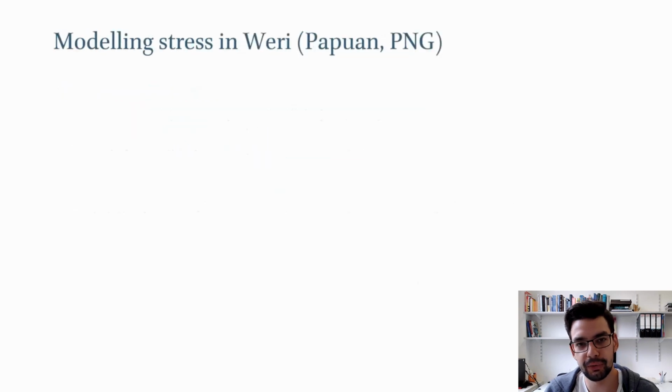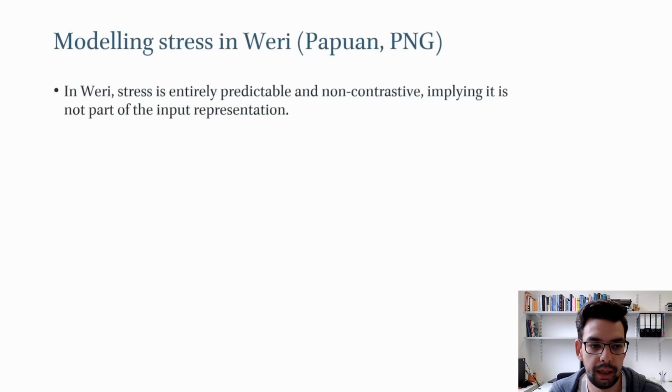Now, let's turn to the world of stress assignment, just to make that a little bit clearer, and we'll look at a language called Weri, which is a Papuan language spoken in Papua New Guinea. And unlike in English, where stress sometimes can tell you the difference between a noun and a verb, for example, think of increase and increase.